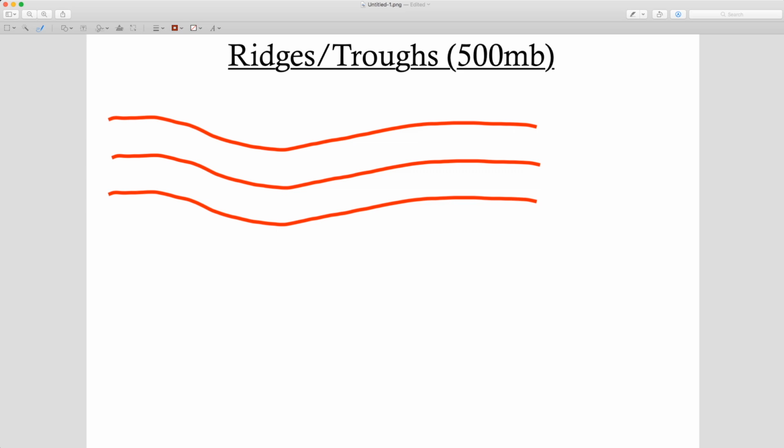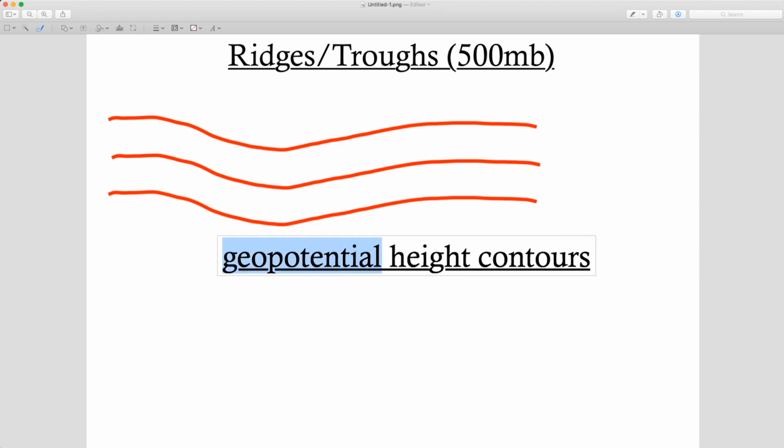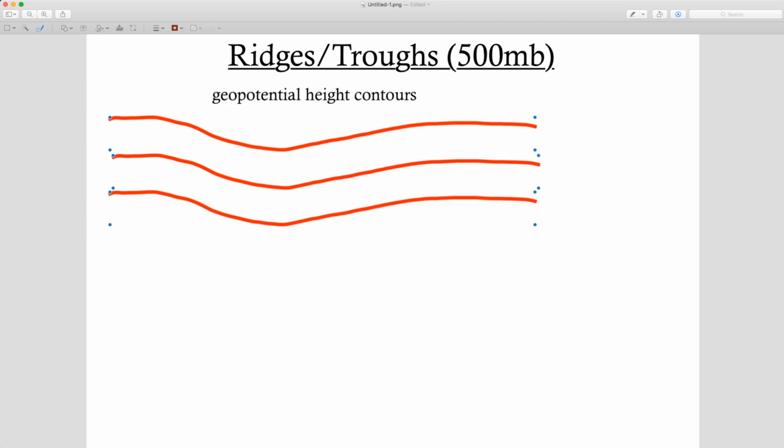The first thing you need to realize when you're looking at geopotential height contours, I'm going to put these in black so it's consistent.